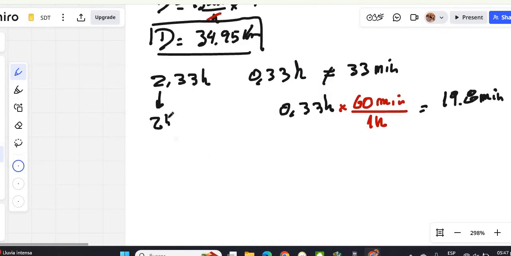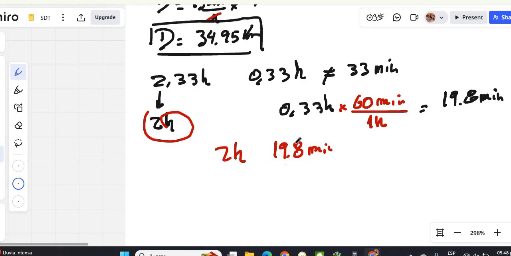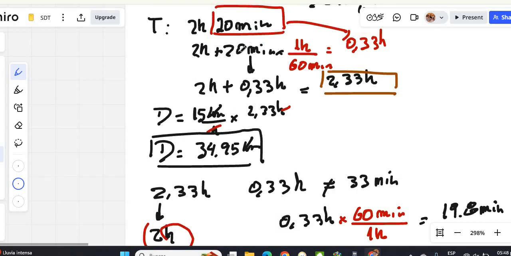So the time will be 2 hours and 19.8 minutes. This 0.8 you can convert to seconds. Again, you can multiply by 60 and you convert to seconds. Why is it 19.8 and not 20 as here?